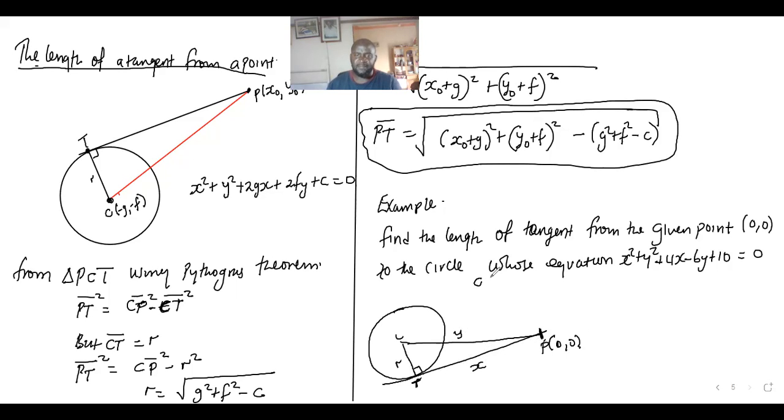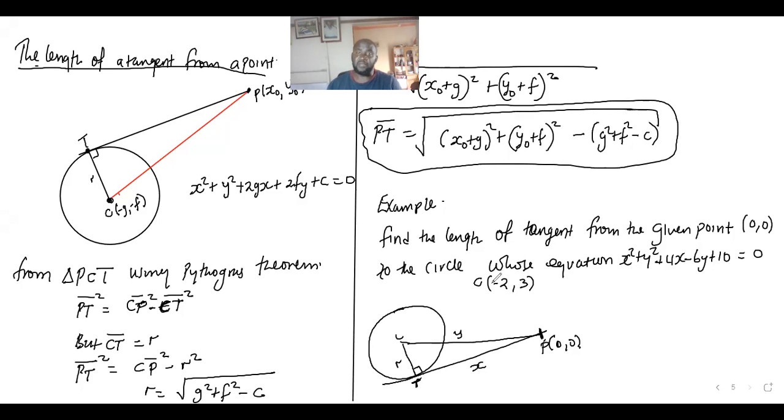What is the center? The center is going to be, Habiba, give me the coordinates of the center. The center is (-2, 3). Do we all know how we have got it?